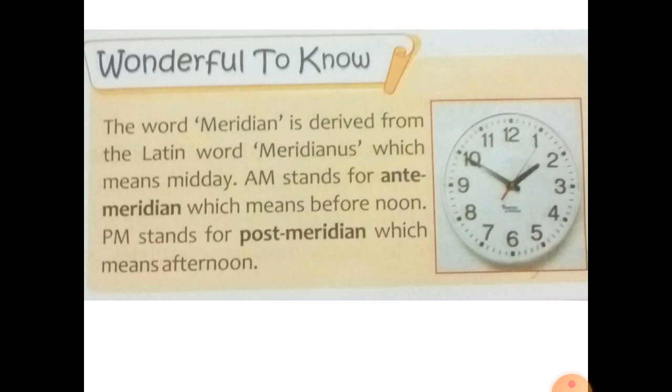Here you will get to know one more thing: the word meridian is derived from the Latin word meridianus, which means midday. AM stands for antemeridian, which means before noon.